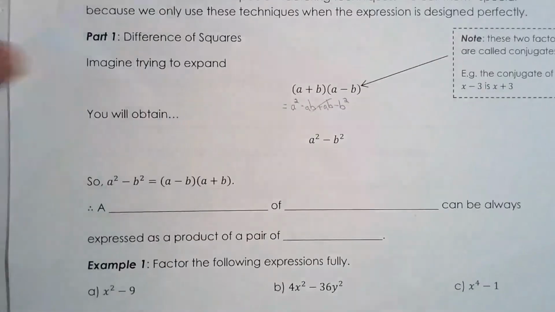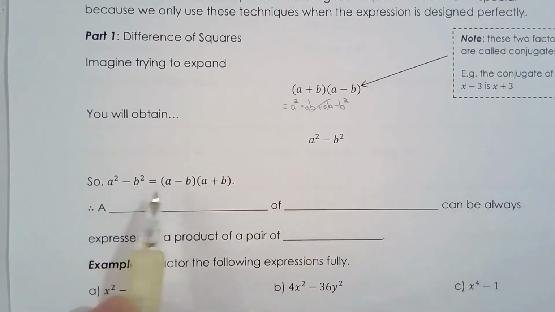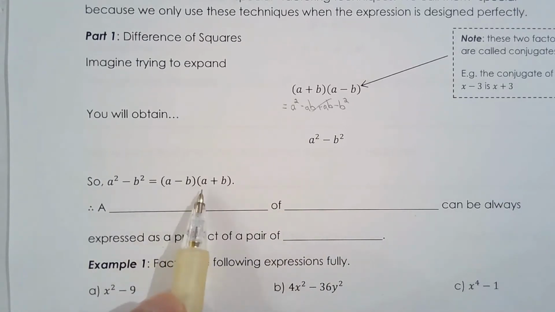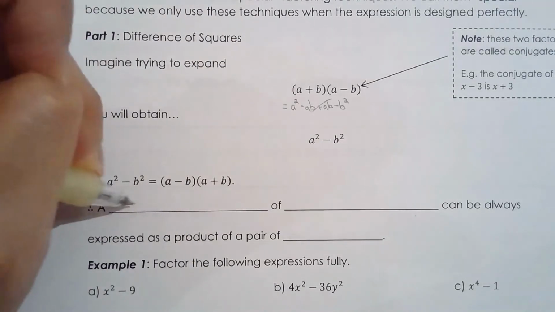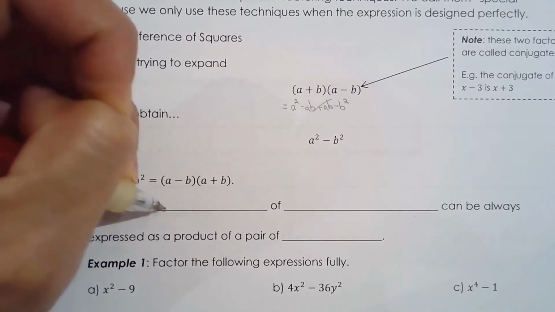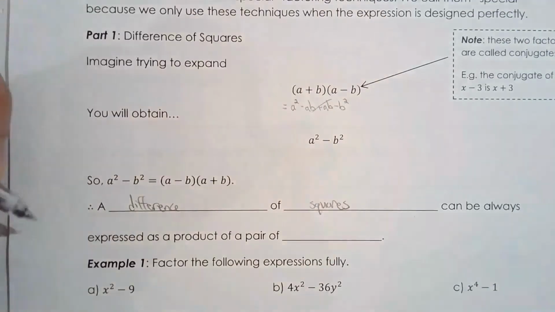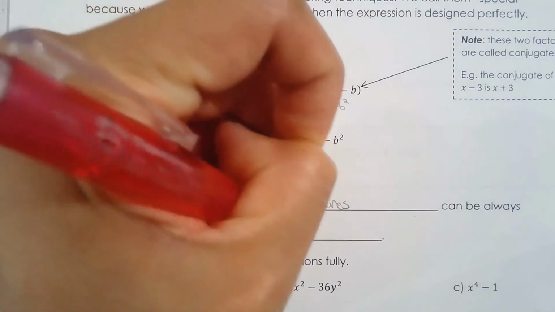Okay, so whenever you see a difference of squares, what you can do is express it as a product of a pair of conjugates. Okay, so let's fill in the blanks, and then I'll mention something else. So a difference of squares can always be expressed as a product of a pair of conjugates.